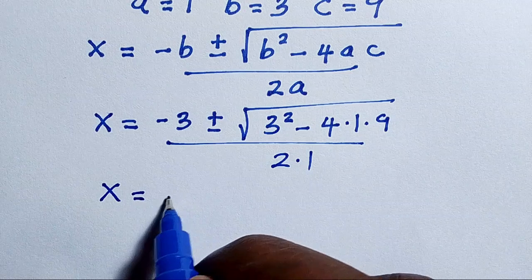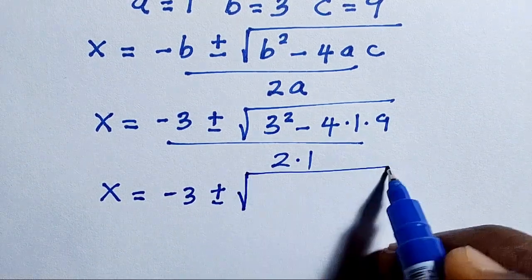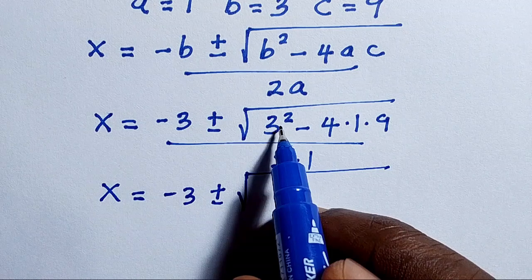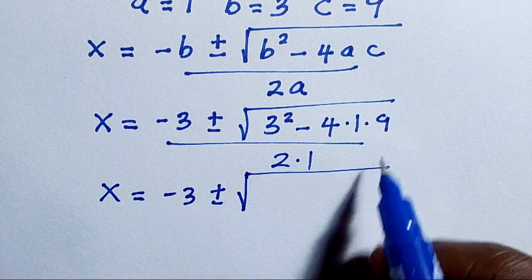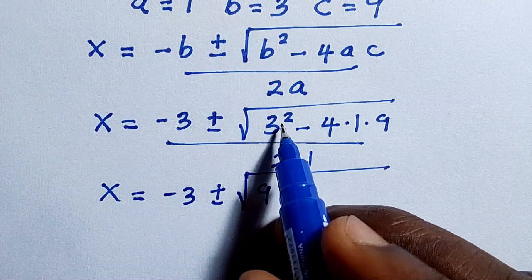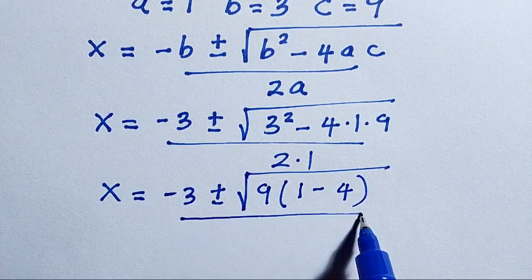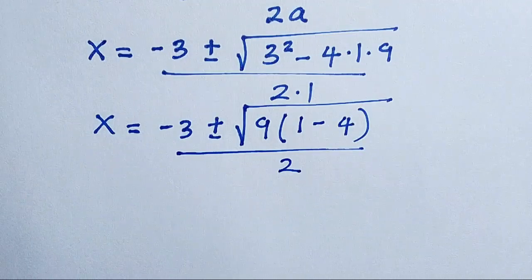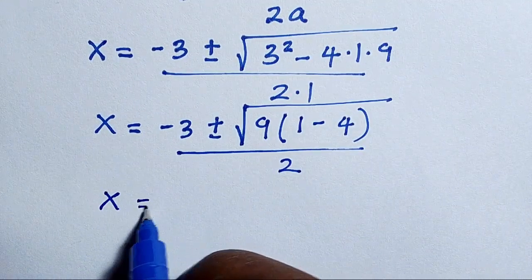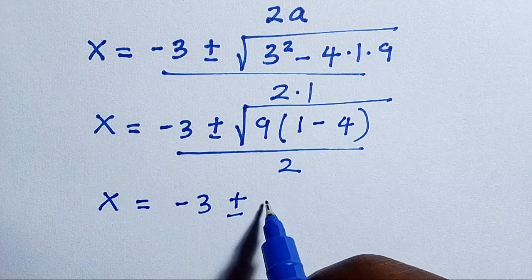So here we have x equals minus 3 plus or minus square root of, so 3 squared is 9, and we also have 9 from here. Suppose we factor out 9, we have this as 1 minus 4, divided by 2. So here we have x equals minus 3 plus or minus.